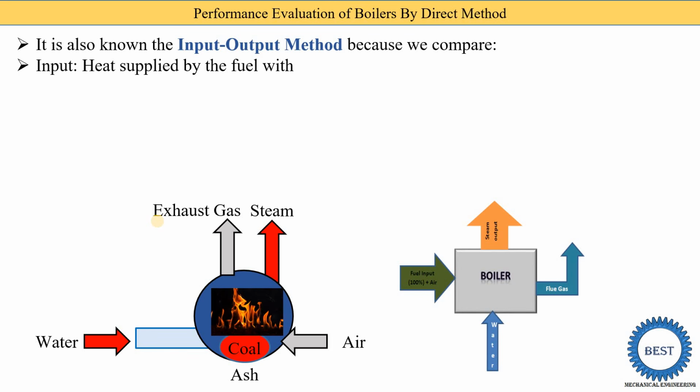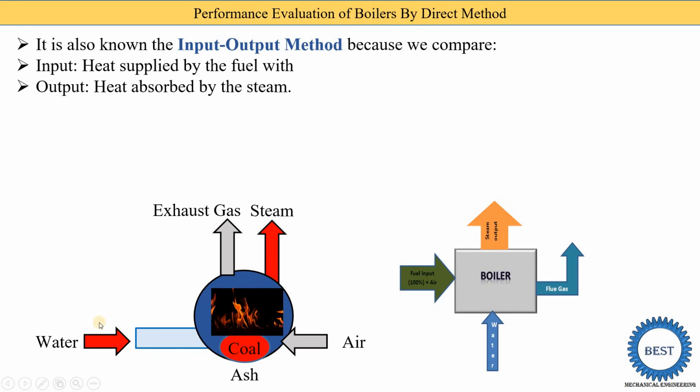Fossil fuel means coal, wood and various gases are used, and biomass or biomass waste is also used in boilers. And the output is the heat absorbed by the steam. So input is the heat supplied by the fuels and output is the steam.